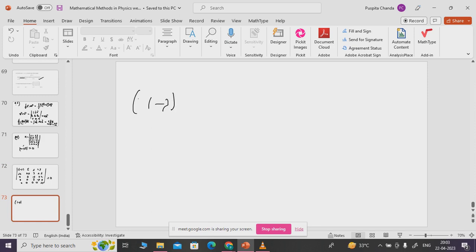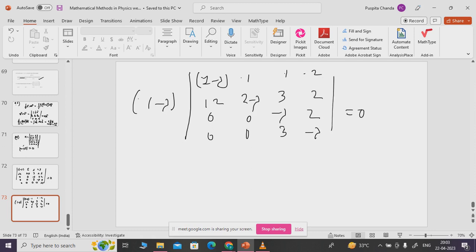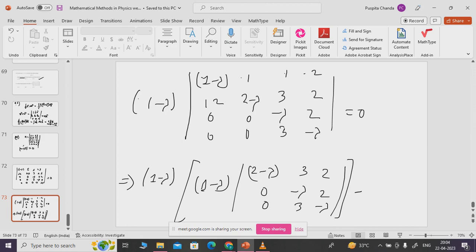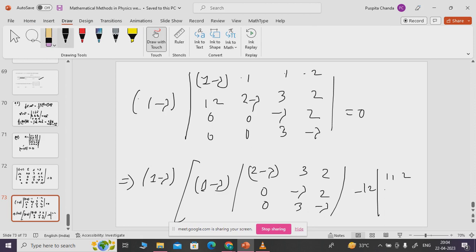So we need to evaluate the determinant with respect to 1 minus lambda. Again this is 1 minus lambda, 1 minus lambda, 2 minus lambda, 3 2 0, minus 12 1 1 2, sorry.